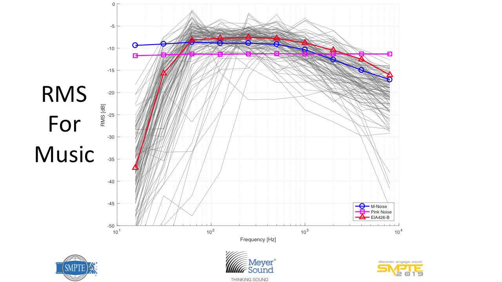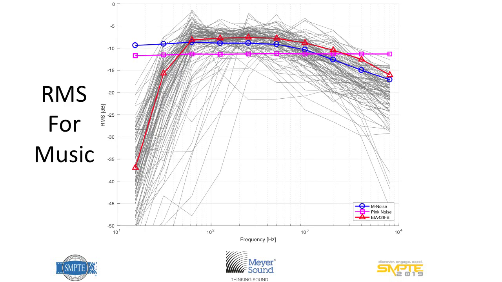And I'm also plotting pink noise. So pink noise, of course, has this sort of fairness approach. It has the same energy at all frequencies. But that's not what's going on with real content. And that's been recognized for a significant amount of time. And so there are other signals with names like simulated program material.